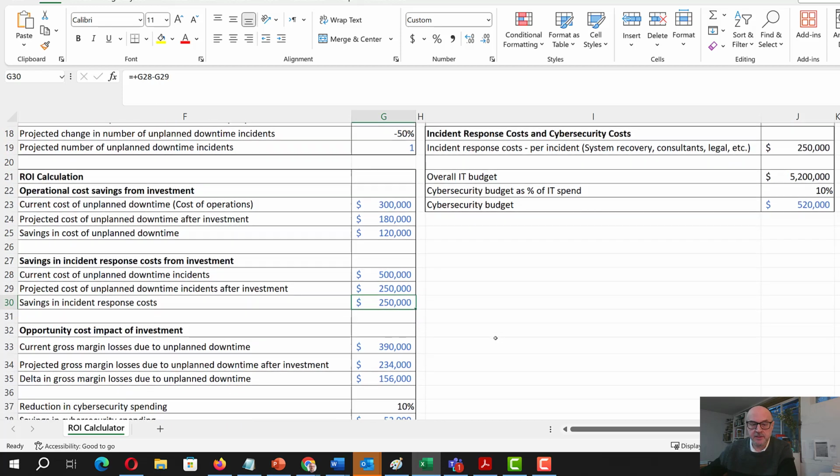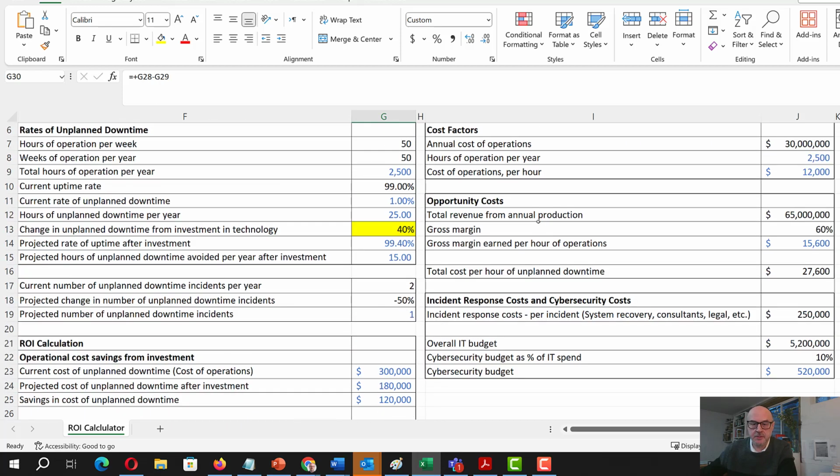We're also saying that there's an opportunity cost, a missed opportunity to earn revenue and gross margin. This company has $65 million a year in revenue, 60% gross margin. So therefore they are earning, remembering that they are in business 2,500 hours per year, $15,600 per hour.